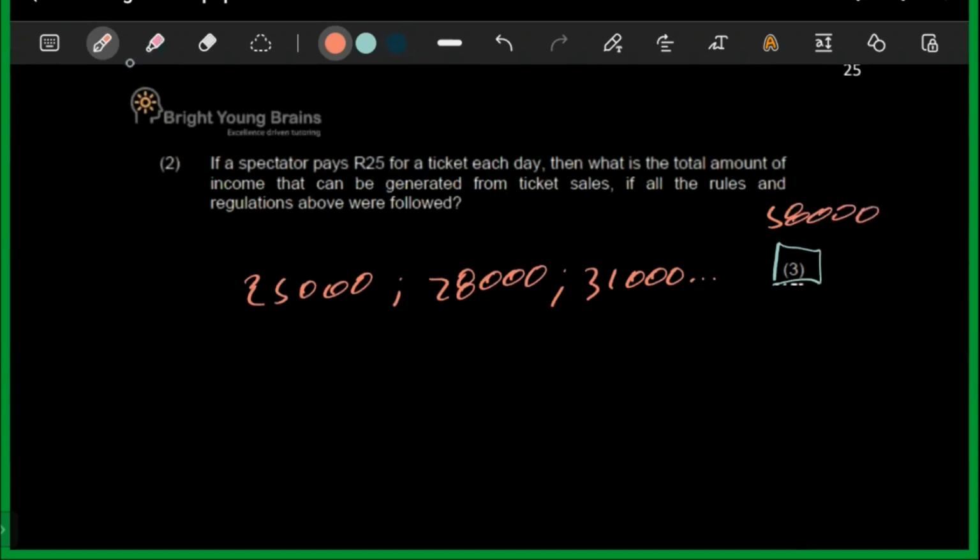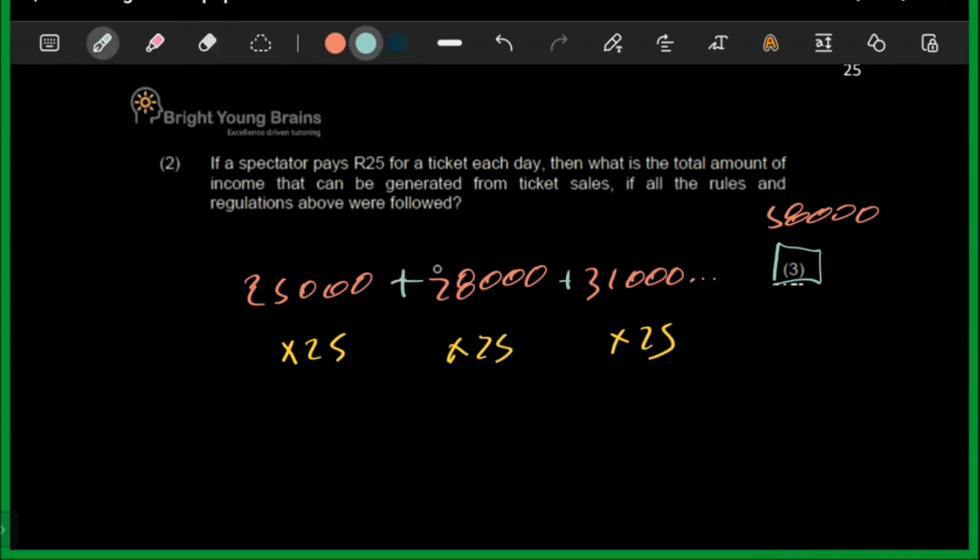The good news is, on this first day, you have 25 Rand each. The next day, 25 Rand each. The next day, 25 Rand each. The fortunate thing is, if you were to add up all these people, right?